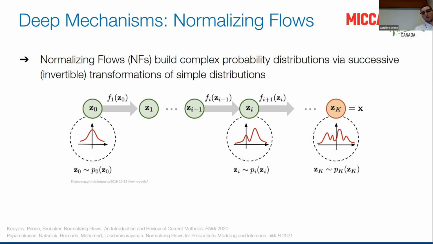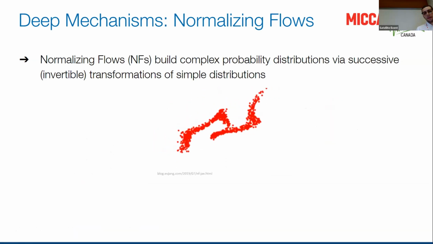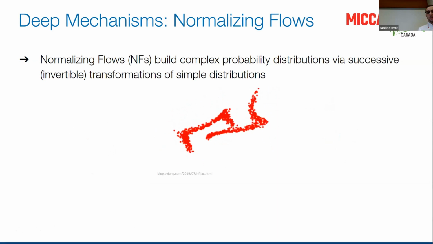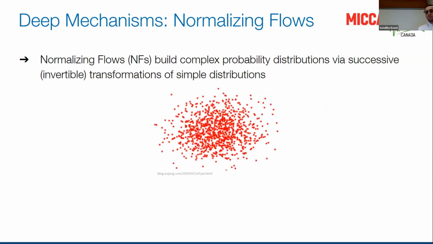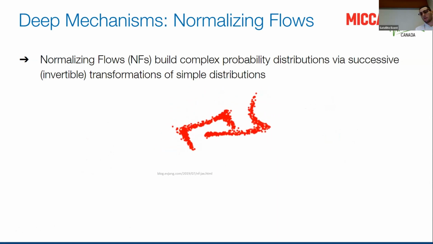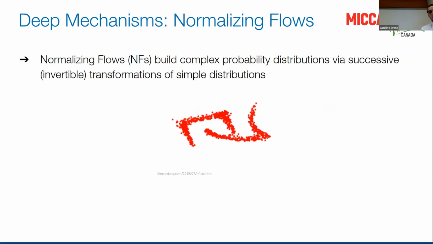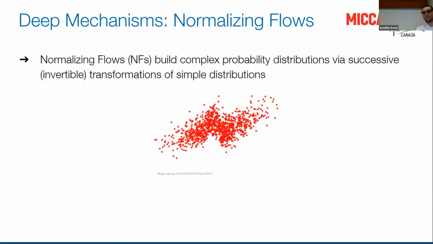So to give you a concrete example of what's happening, this is the 2 moons data set being transformed by these learned functions such that we estimate the density of the data. And this can be trained quite nicely using maximum likelihood estimation.